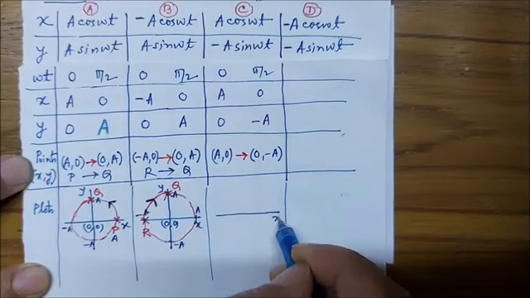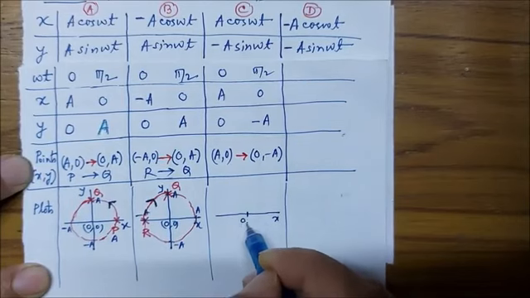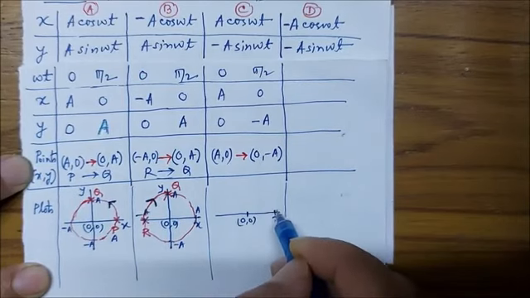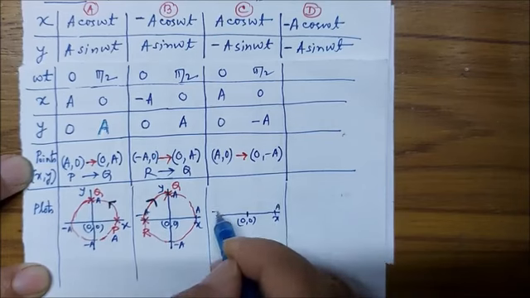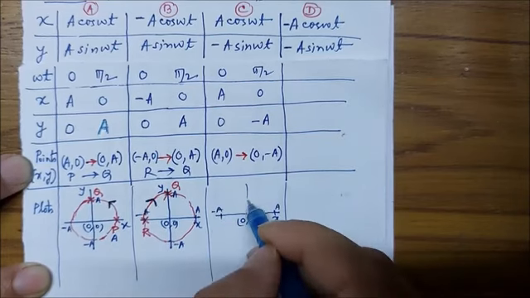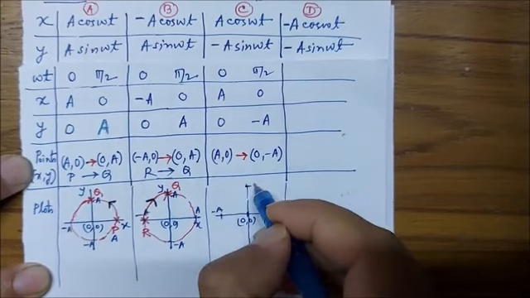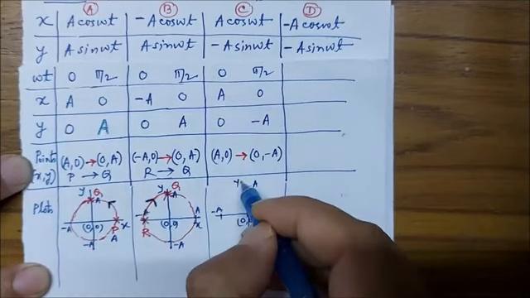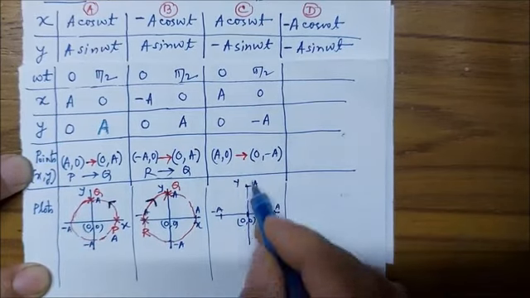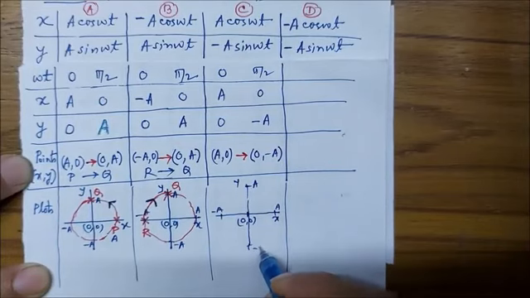This is the x-axis, this is the origin, this is plus a, this is minus a along x, and this is the y-axis, this is plus a along y, and this is minus a along y.